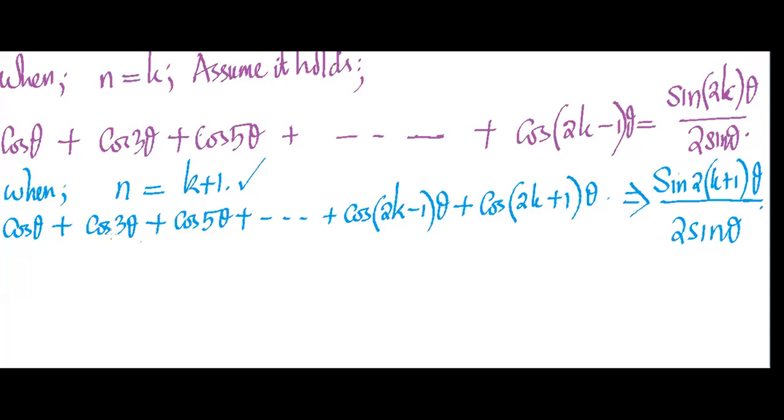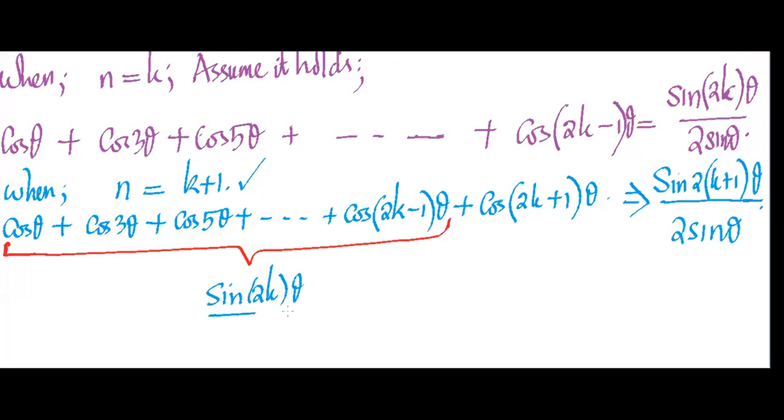On the left-hand side, we are aware that the summation from theta up to that point is sine of 2k theta over 2 sine theta.